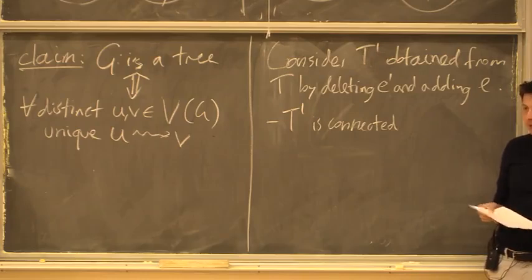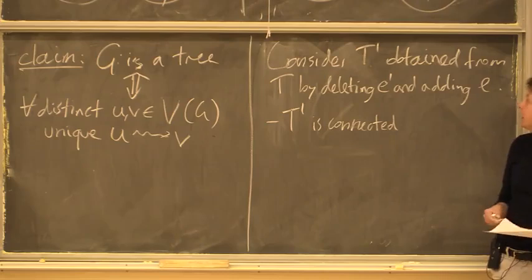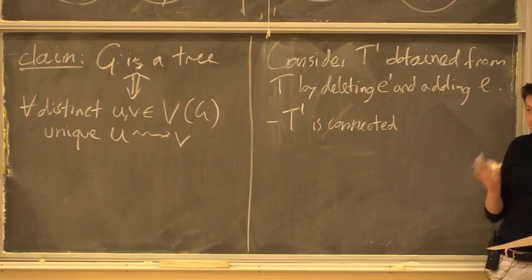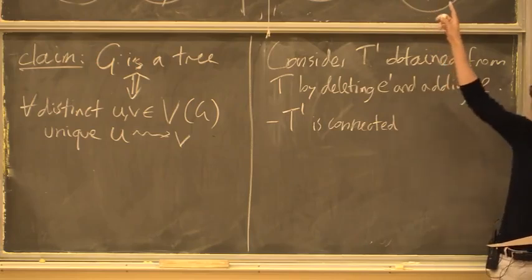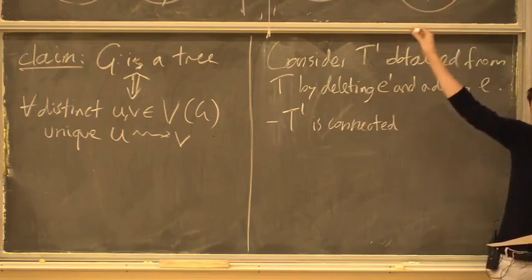Yeah, I think that's a reasonable answer. I think it works, but here's maybe a shorter answer. How do we go from T to T prime? We go to an intermediate graph, T double prime. It's not a tree, but it has a cycle. So when we leave E prime and we add E, we have created a cycle, right?